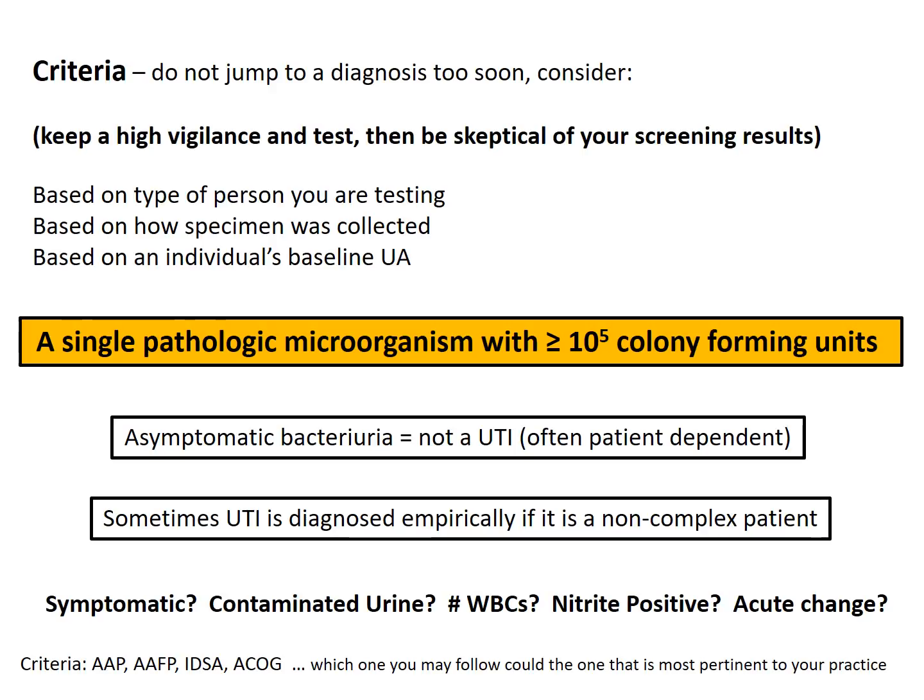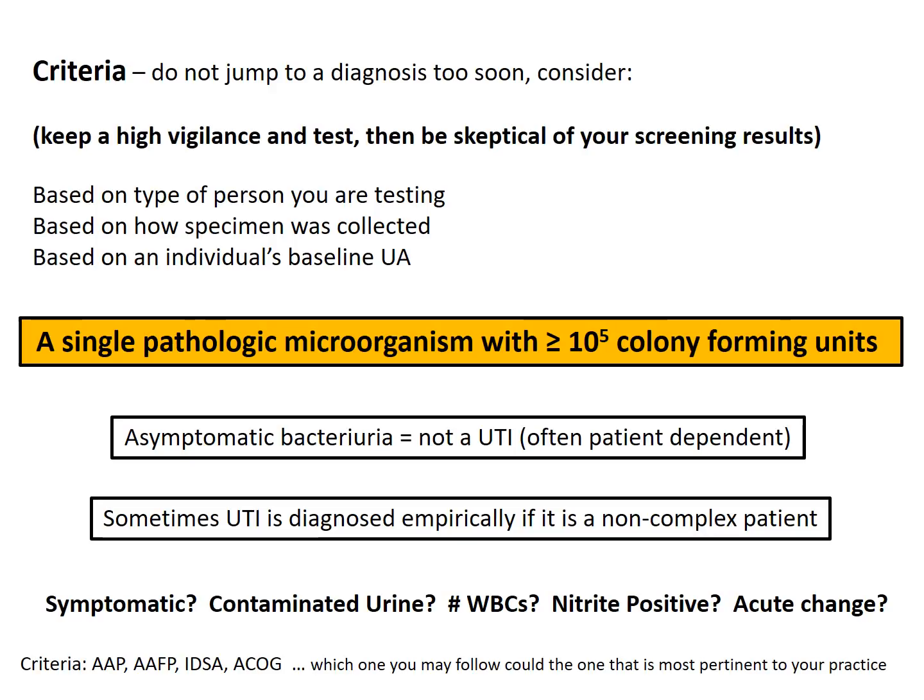All right, so how do we make a diagnosis of a urinary tract infection? Don't be too fast to jump to the diagnosis because you do not want to be fooled by false positives. You always want to keep a high vigilance and test people for UTI, but then when you see your results, initially be a bit skeptical and look at everything. Just don't hang your hat on one thing.